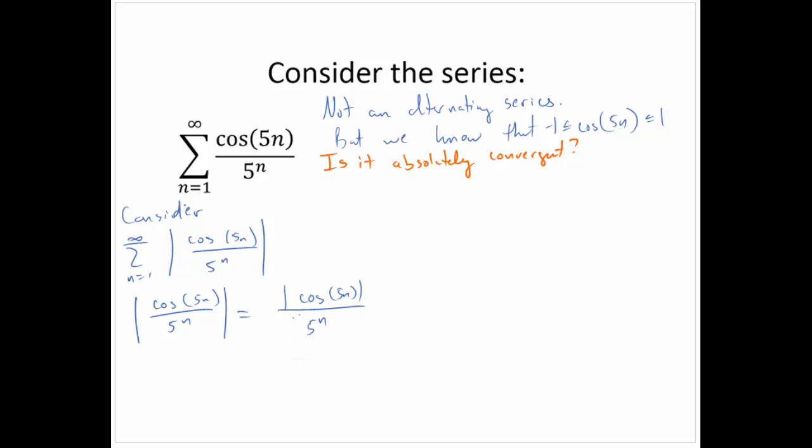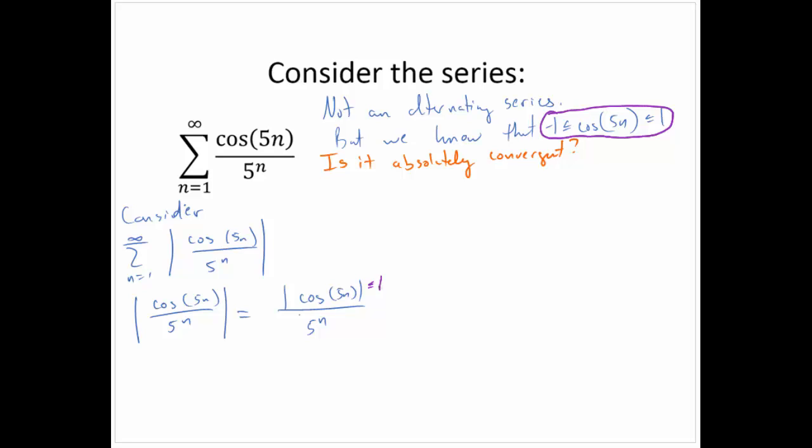Now, cosine of 5n is between -1 and 1. So what that means is, under absolute value, the absolute value of cosine of 5n, this numerator, must be less than or equal to 1.